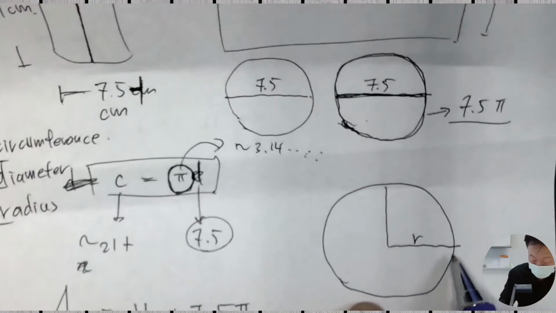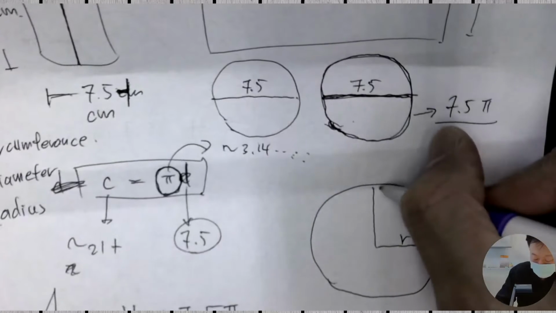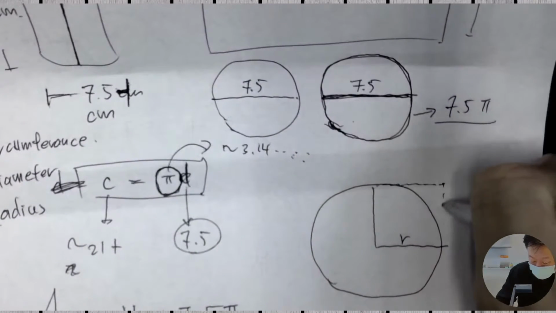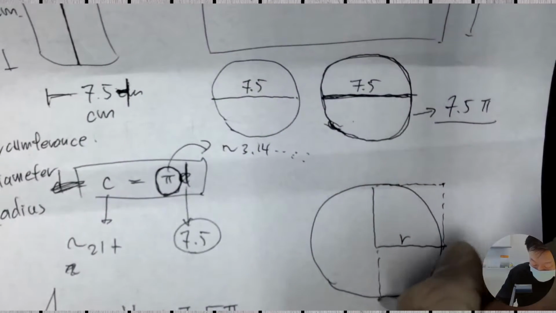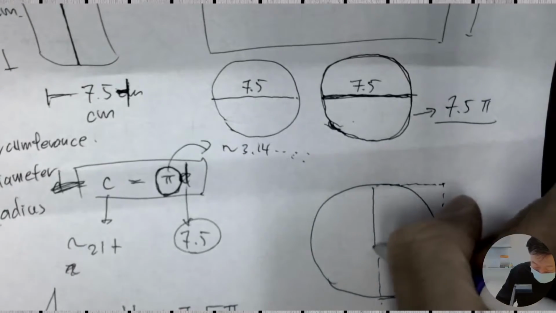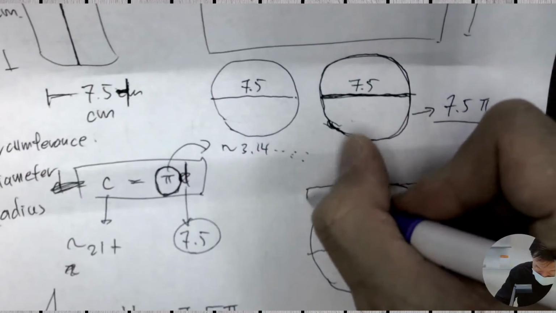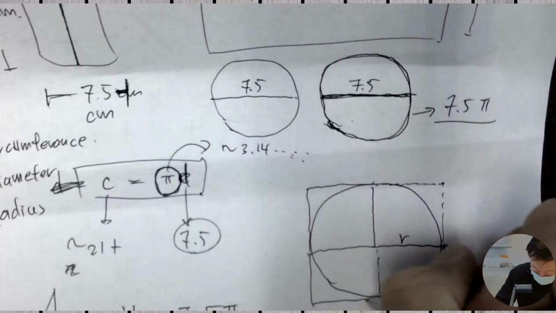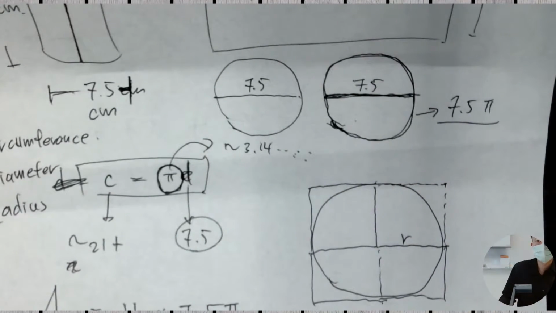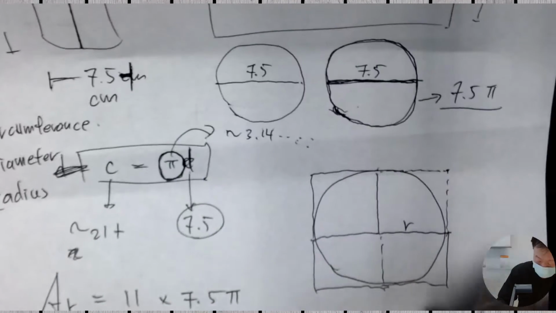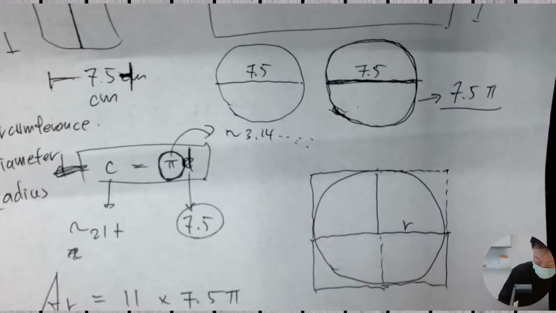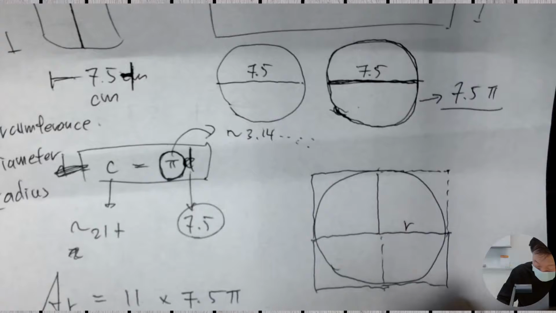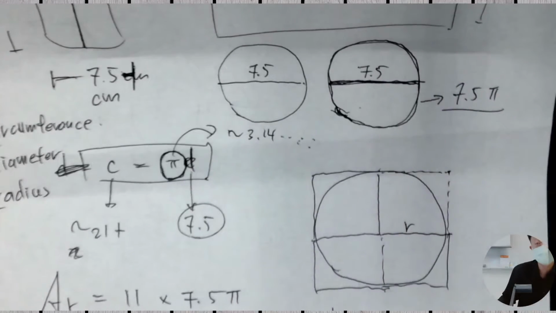So here, if I have the radius, notice that if I were to make this into a square, how many r squares do I have here? Guys? So, r squared, 4 times. Is this greater or less than the area of the circle?